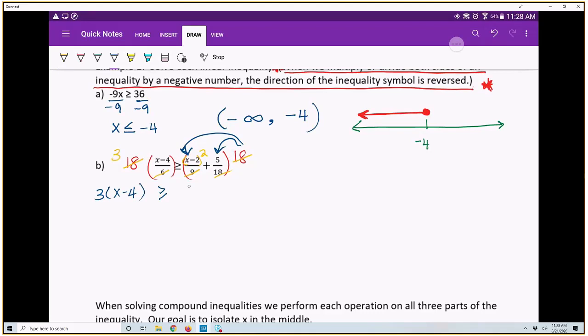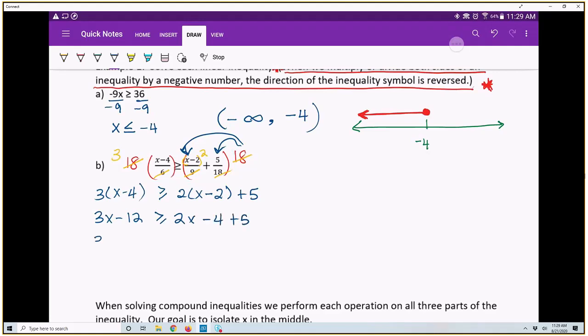So what do I have? I have 2 times x minus 2 plus 5. So I cleared my denominators. And now I'm ready to simplify. So this is 3x minus 12 when I distribute the 3 across, greater than or equal to 2x minus 4 plus 5.